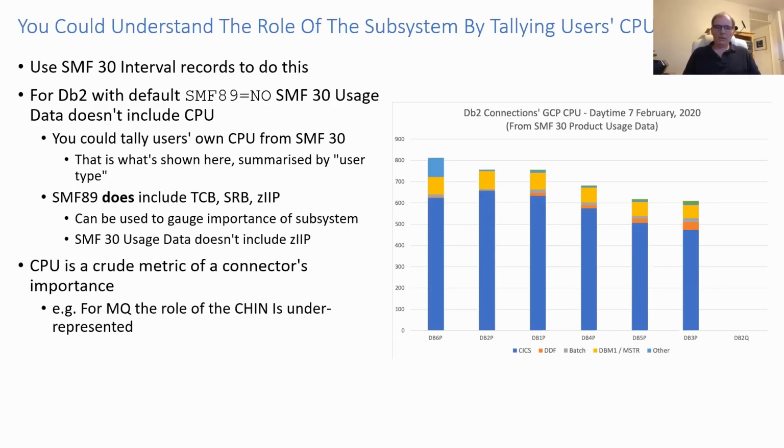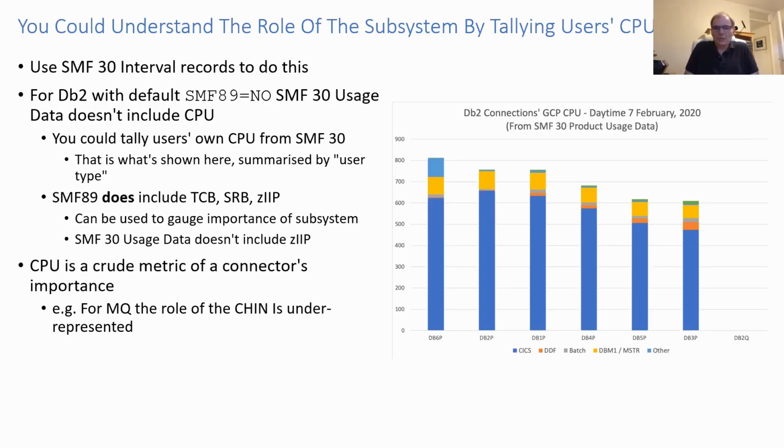Now, one thing to note before we go any further is, by default, DB2 has an option SMF89 equals NO. By the way, it's not even on the panels you use for tailoring the DB2 subsystem. Now, what that says is you don't get any SMF30 usage data, any SMF30 CPU in the usage data section.